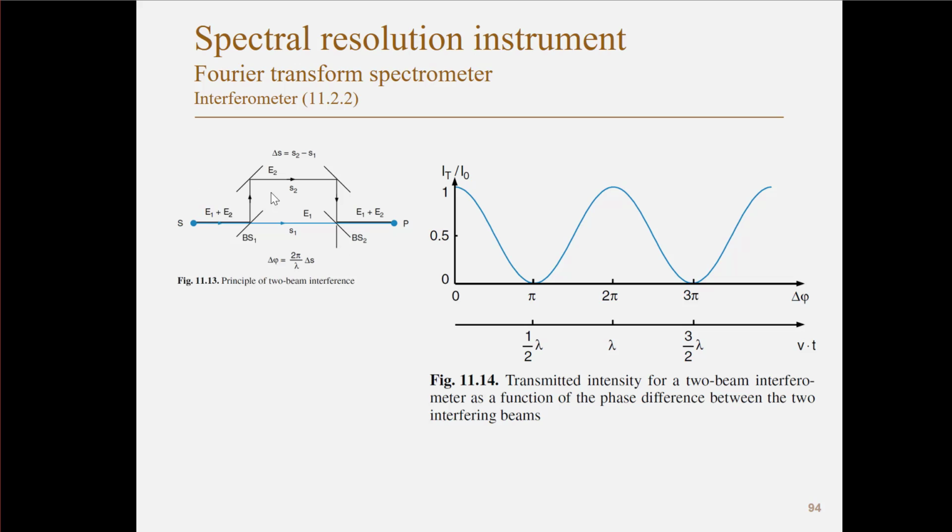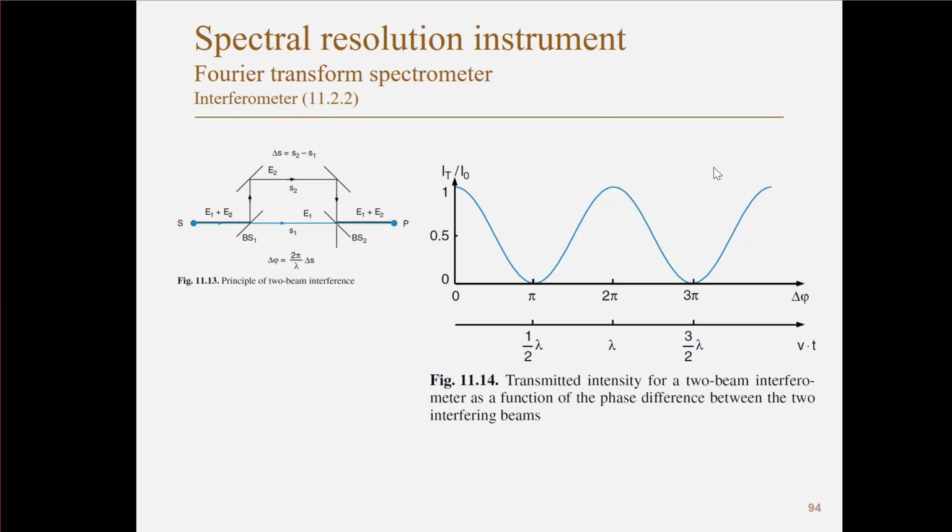If we now take this second path here and we move these two mirrors up, then we are changing delta S. And when we do this, depending on what frequency we have coming in, we can get either constructive interference or destructive interference in this arm over here.